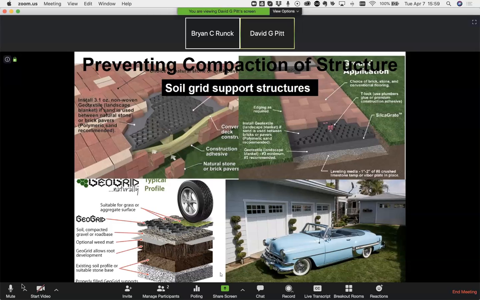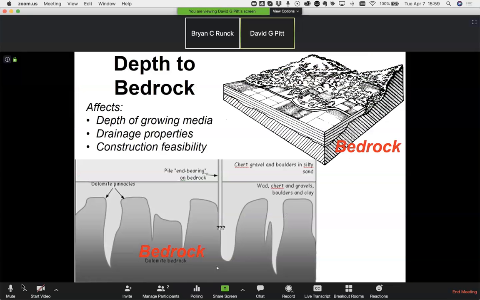The weight of the vehicle is borne by the underlying grid structure, and the soil structure is protected.